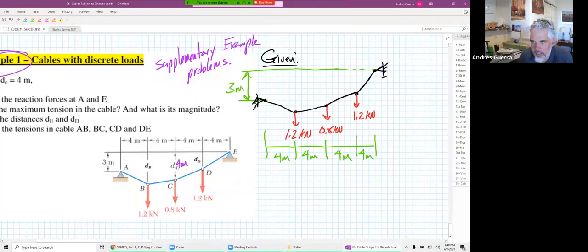And they tell us that this distance at C is 4 meters. They do not give us D to B; that is unknown. Sometimes you'll see them call it D, a distance. Sometimes you'll see them call it a Y. It's the same thing. We called it a Y in the last case, but now these are D's in this case. And then so we have A, B, C, D, and point E.